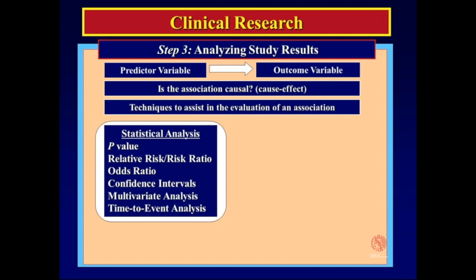Then there is a p-value, common things, relative risk, the odds ratio, relative risk for prospective clinical trials or for cohort studies, odds ratio for case control studies. We're going to look at the confidence interval, the multivariate analysis.